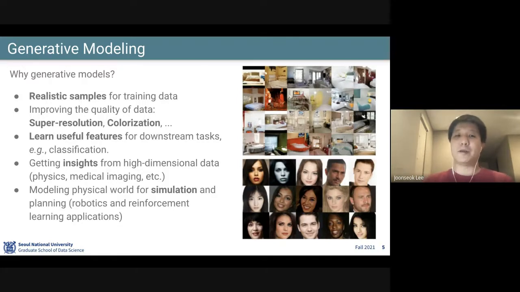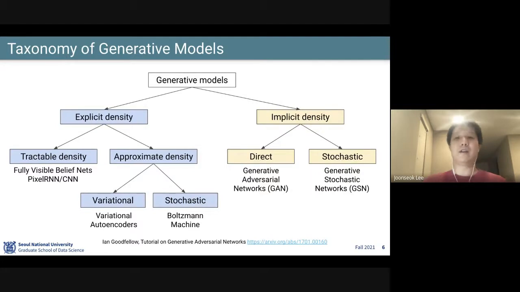But in physics or medical imaging, we actually not only want to just improve the performance, but also we would like to be able to interpret it, or why that's happening. So that's another thing that we can use generative models to get some insights here. So yeah, generative models have a lot of motivations like this. And yeah, we're going to see one by one today.